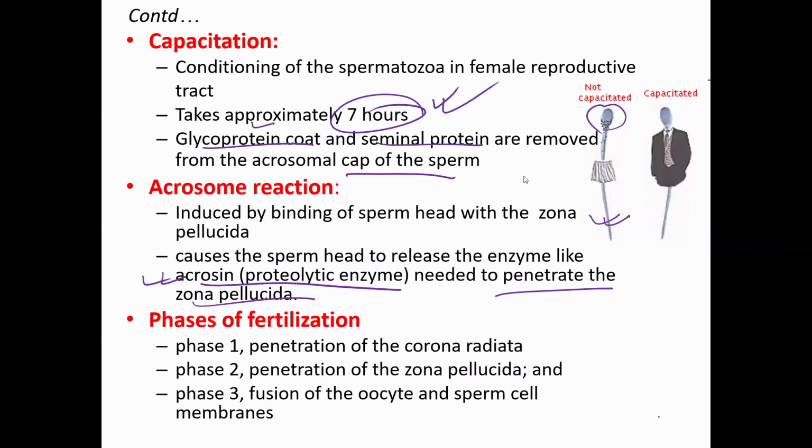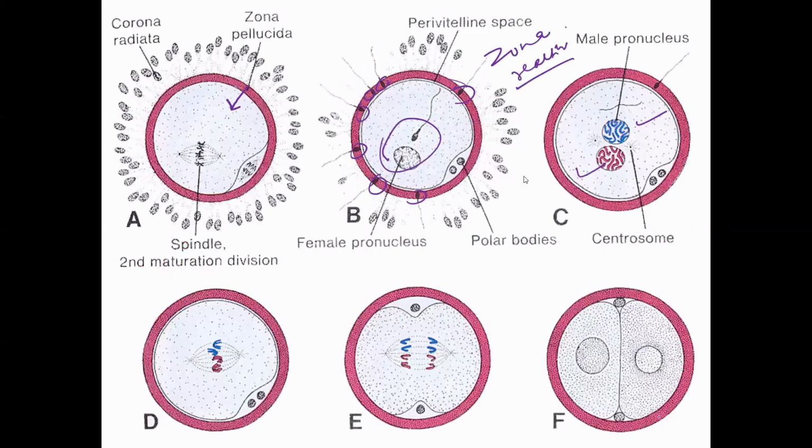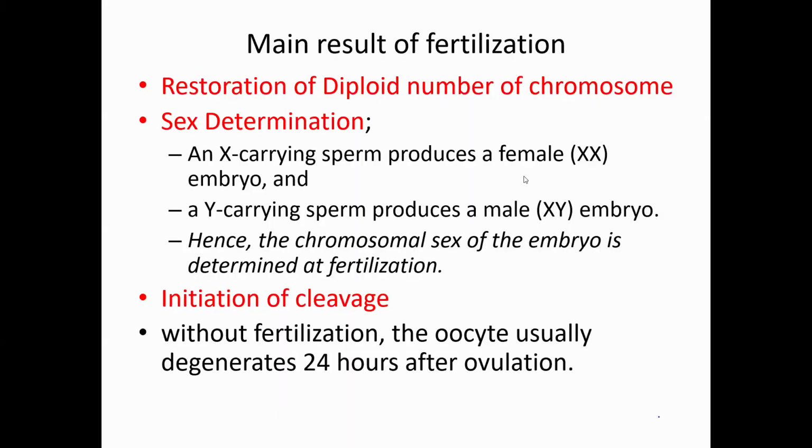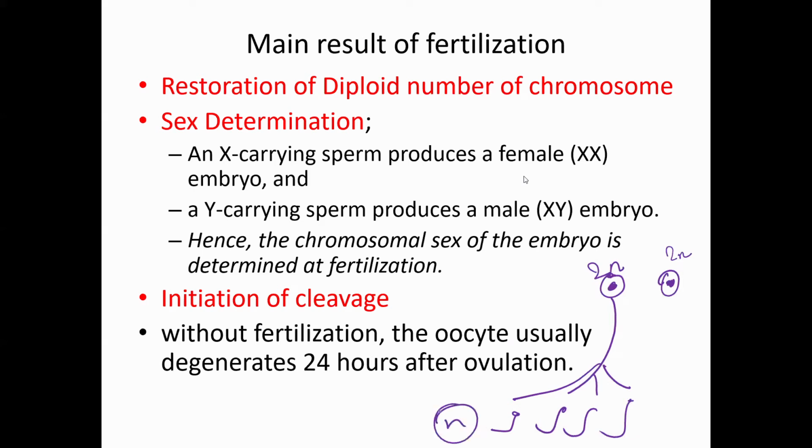Let's discuss in sequence again. What is the main result of fertilization? Basically it is the restoration of the diploid number of chromosomes. Let's say this is spermatogonia, 2n diploid, and this is oogonia, 2n. Spermatogonia gives rise to 4 sperms, all haploid.